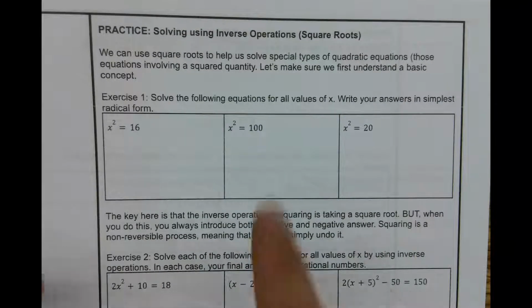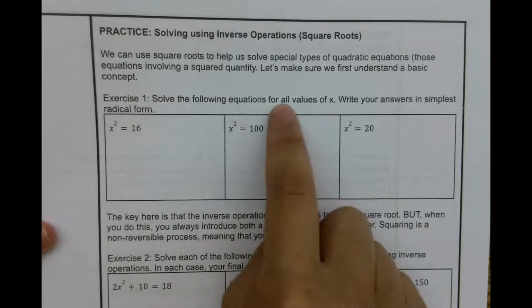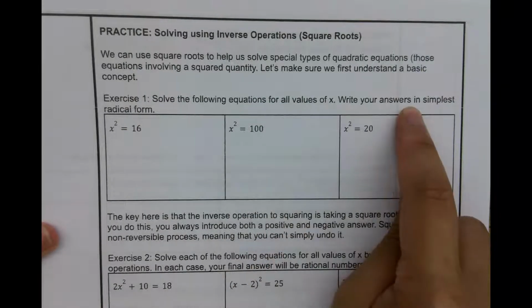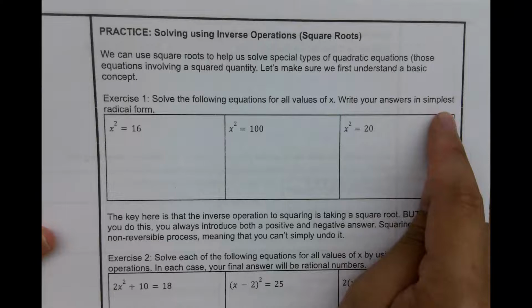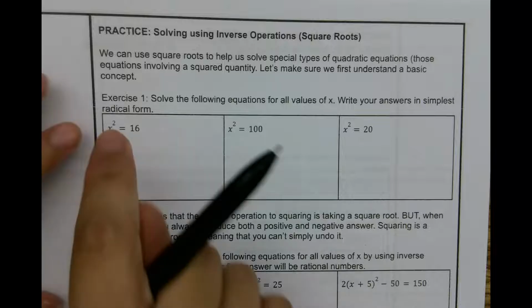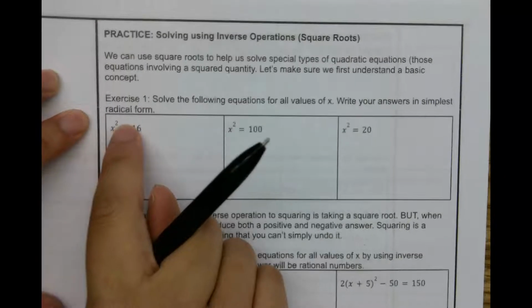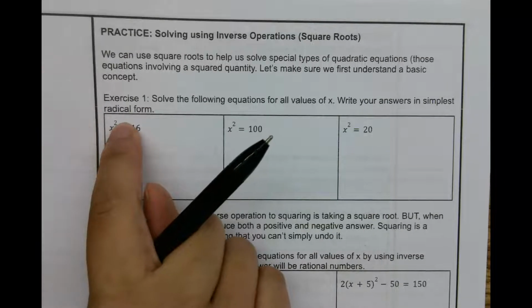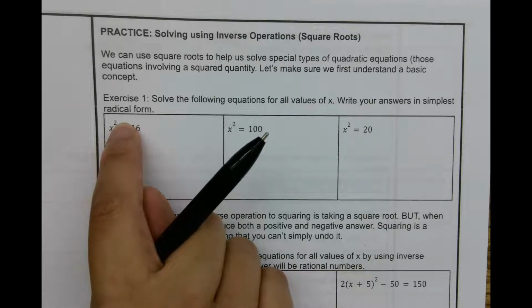Okay? So we're going to solve the following equations for all values of x, and we're going to write our answers in simplest radical form. Here we have x squared equals 16. Right now, this x has a squared with it. To do the opposite of squaring, I'm going to square root it.